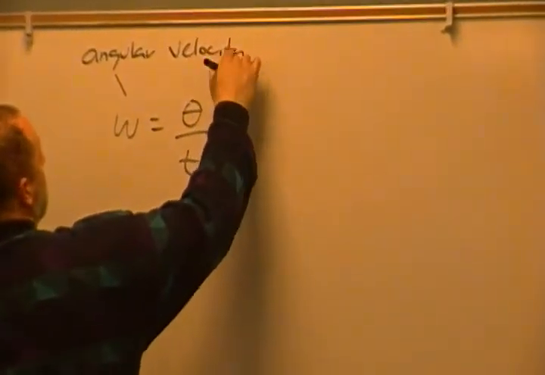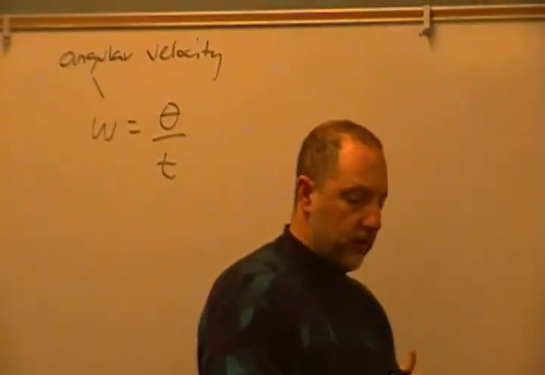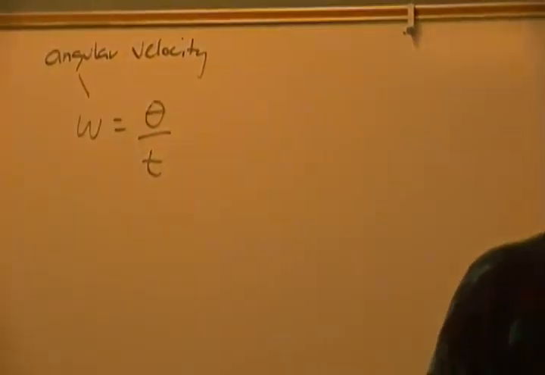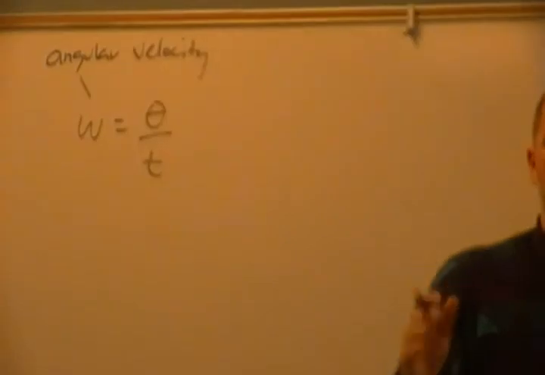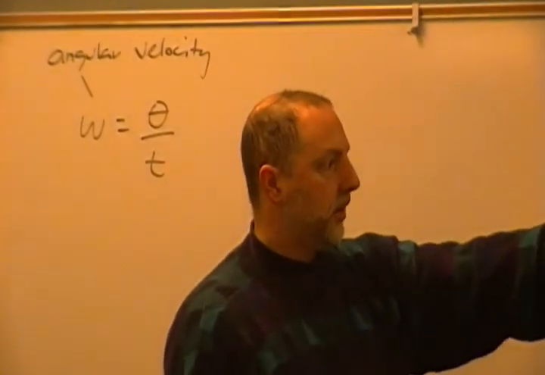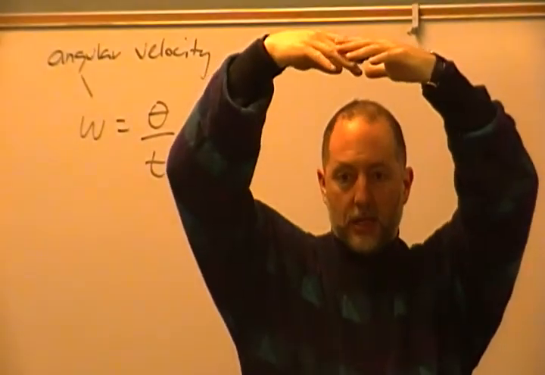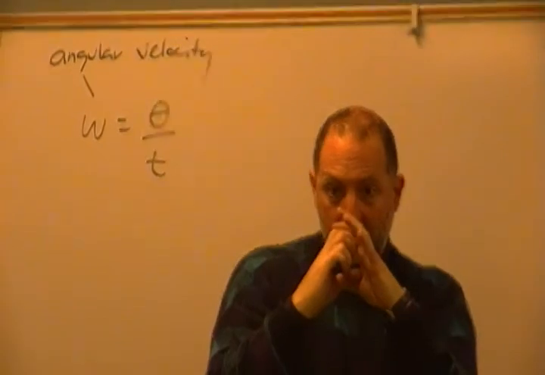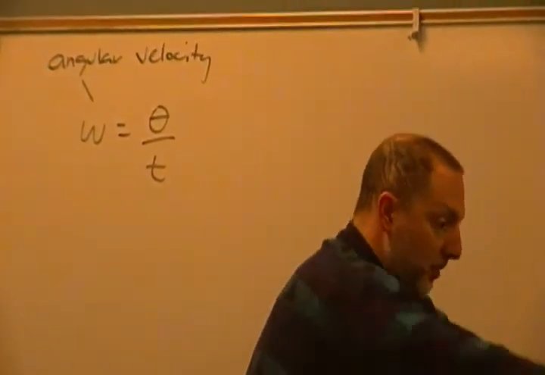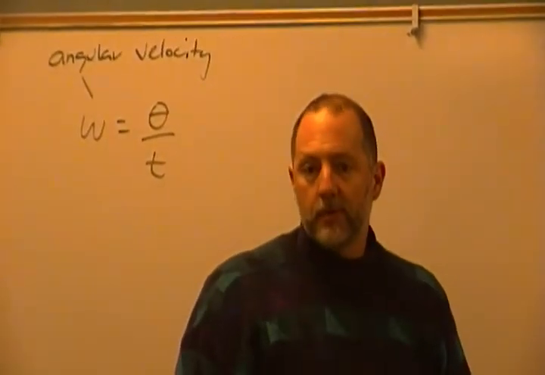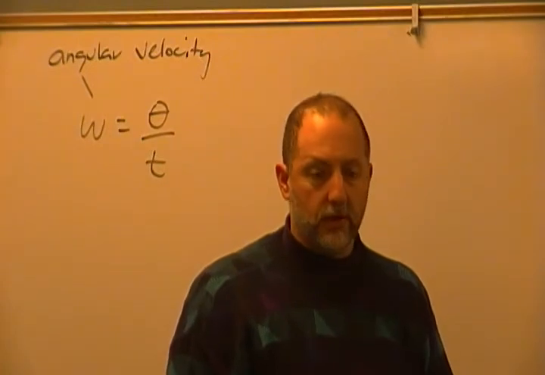Now, you'll remember that I had two balls that I used to try to illustrate this. Let's say I have two balls and they're covering the same amount of distance in the same amount of time. I'm rolling the balls over to that side of the room, one ball has a small radius and one has a bigger radius, but they're doing the same distance in the same amount of time. Which one has the faster angular velocity?